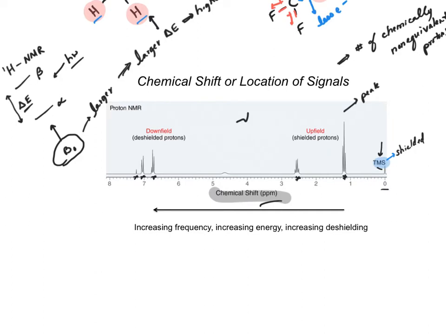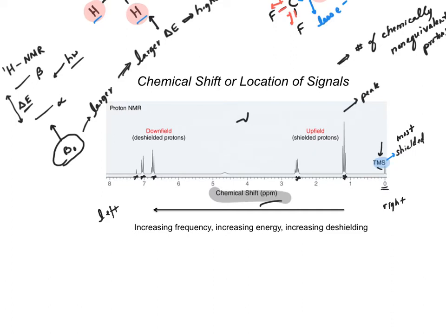Okay, so again, just as a reminder, going from 0, which is our most shielded protons, our internal standard TMS, as we move from right to left, what we're finding is we're increasing overall the frequency. So right to left, we're seeing an increase in frequency with respect to the light that we're actually shining in.